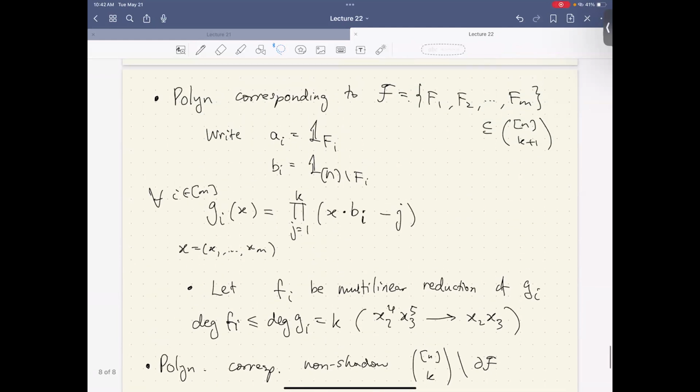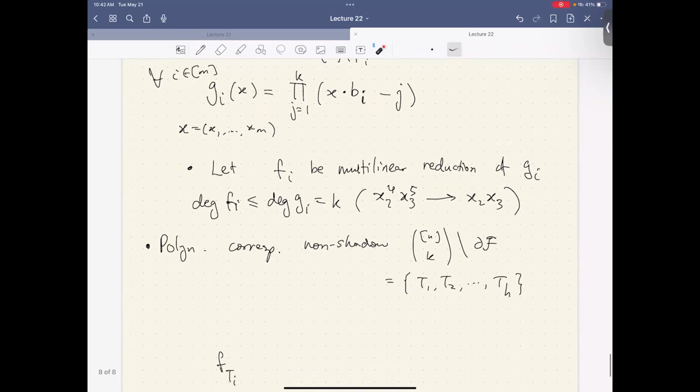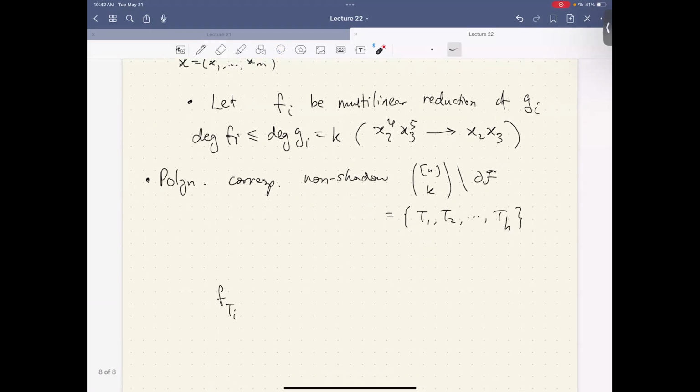Let's first do the same thing. Write their characteristic vector and the characteristic vector of the complements. So let's write A_TI to be the characteristic vector of TI, and then define this multilinear polynomial. A natural one is this one. Just multiply, of x, the coordinates where this coordinate lies in TI.